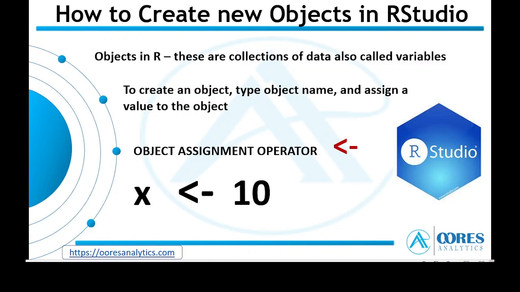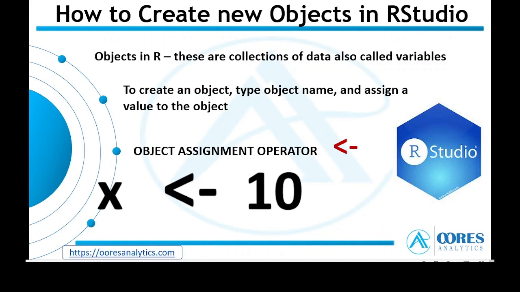Although you can use the equal sign as the object assignment operator, for all of our tasks, we will be using the more conventional left pointing arrow as our object assignment operator when we create objects. Now you create objects like this: X, the object assignment operator, and you're assigning a value of 10. And you interpret it as object X gets value 10.